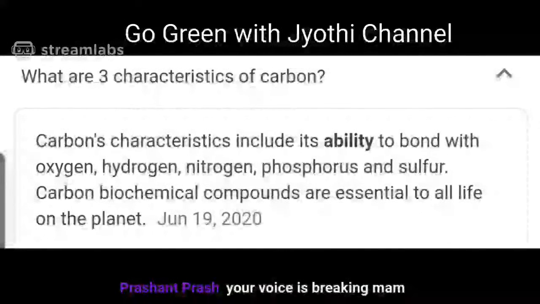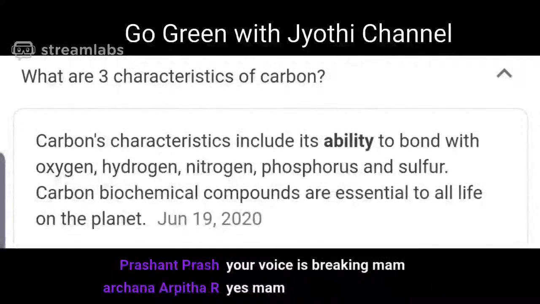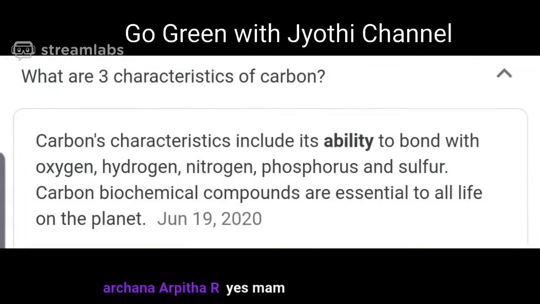The carbon can form covalent bonds with other elements like oxygen, hydrogen, nitrogen, phosphorus, and sulfur. Carbon is a biochemical compound. It is very essential for living organisms for survival.